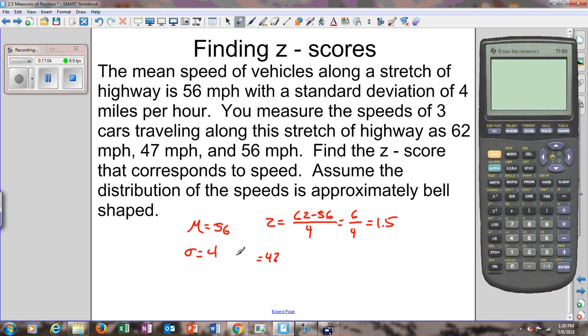So it would be Z equals 47 minus 56 over 4. Now 47 minus 56 is going to give you a negative 9 over 4. So that'll give you negative 2.25.